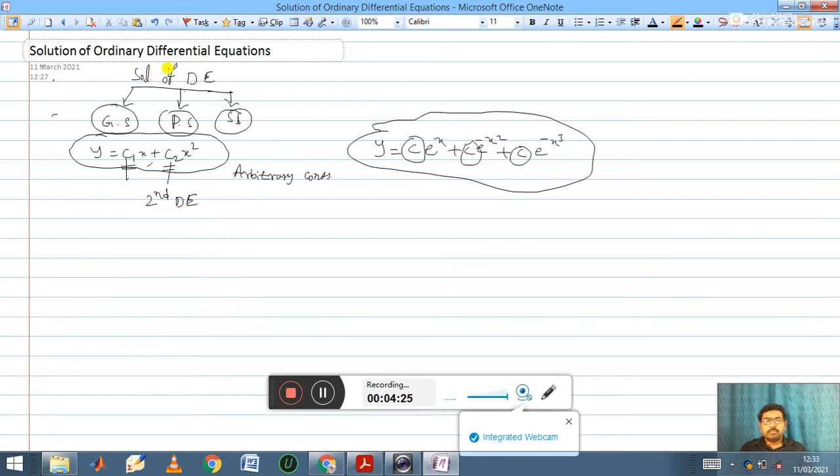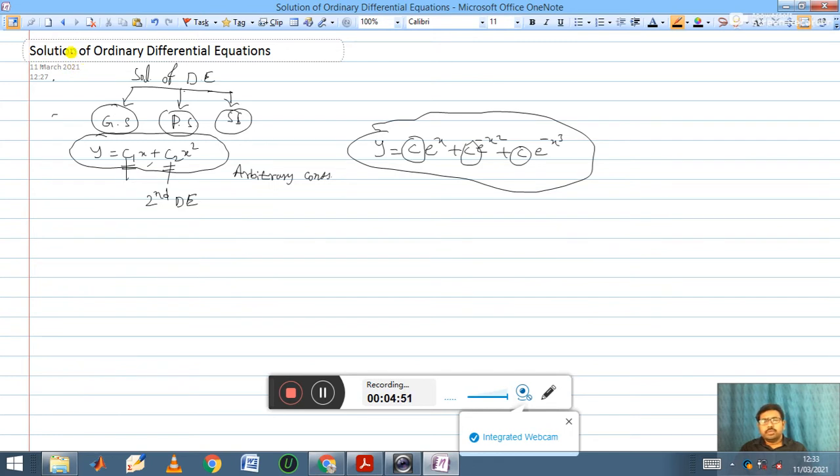The number of arbitrary constants you eliminate from the general solution gives the order of that particular differential equation. If you eliminate three arbitrary constants, namely a, b, c, it leads to a third order differential equation. So this is the general solution.